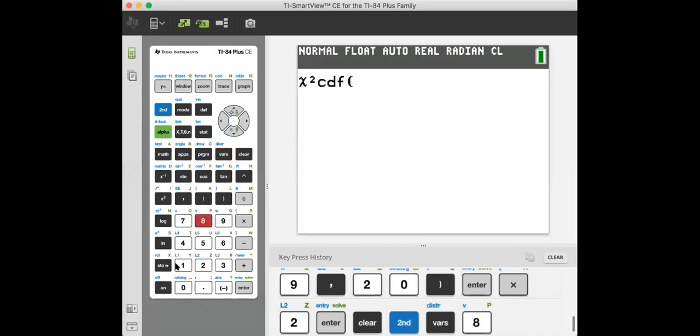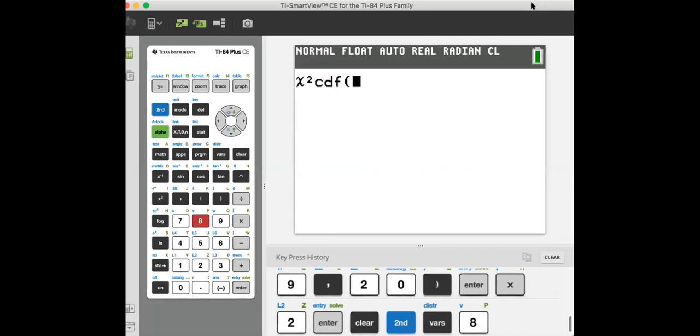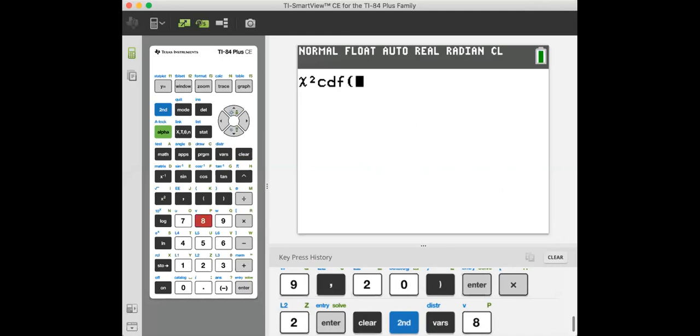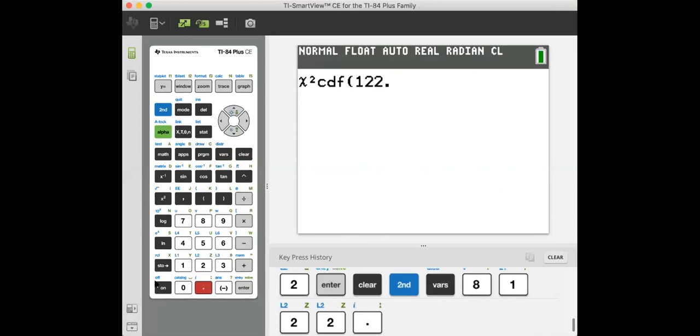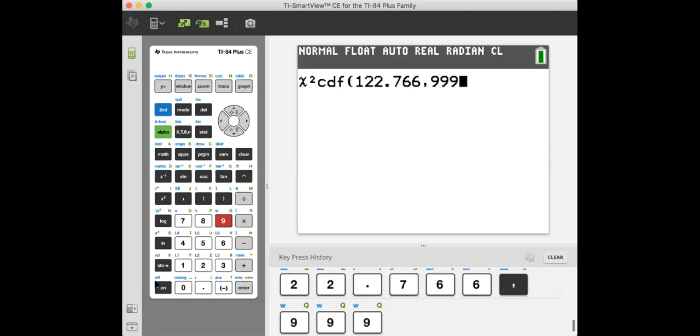And we'll start at the test statistic, which was, all right, 122.766, and comma, and we'll go to a large positive number, comma, and 100 degrees of freedom.